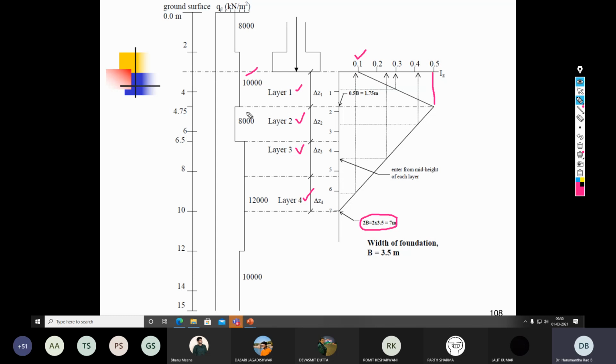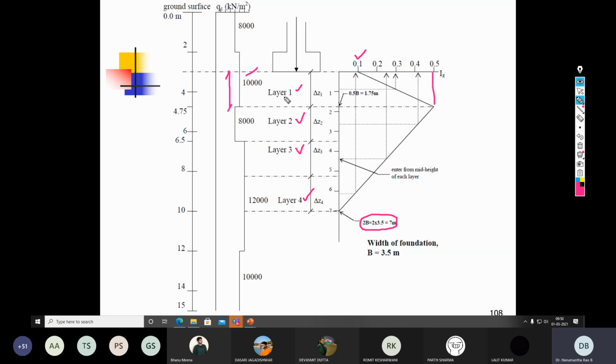As you can see, the cone resistance value varies, say at 4.75 meter, which corresponds to 1.75 meter in our case. So from the foundation level up to a depth of 1.75 meter, there was no variation in the QC, the value of which is 10,000 kilopascals.